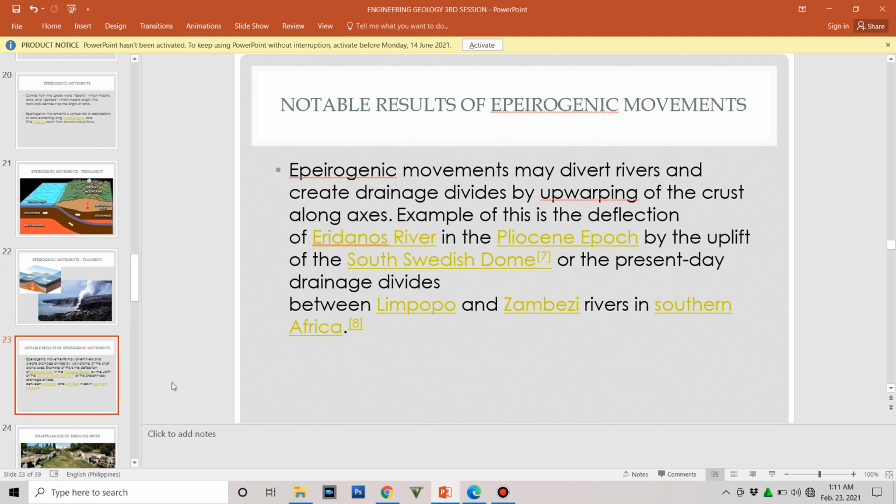So an example of this is the deflection of Eridanus River in the Pliocene epoch by the uplift of the South Swedish Dome or present-day drainage divides. Ito another example between Limpopo and the Zambezi rivers in southern Africa.